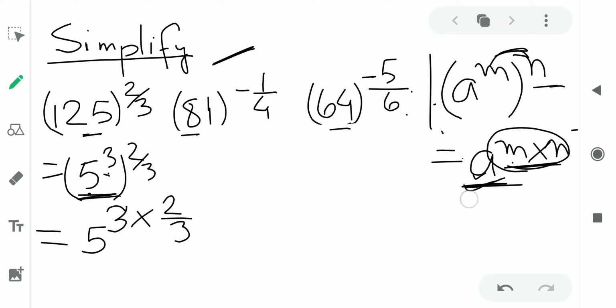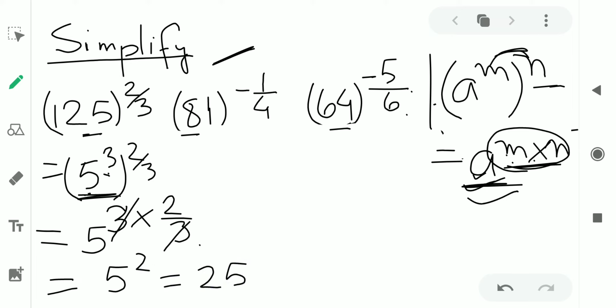Here m means 3 and n means 2 by 3. Now as we have to simplify, this 3 will cancel out. And in the end we will get 5 square, and 5 square is nothing but 25. So here is the answer. Okay.